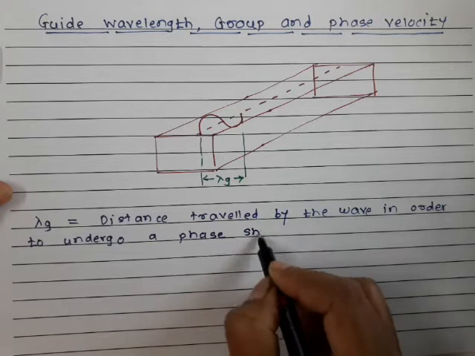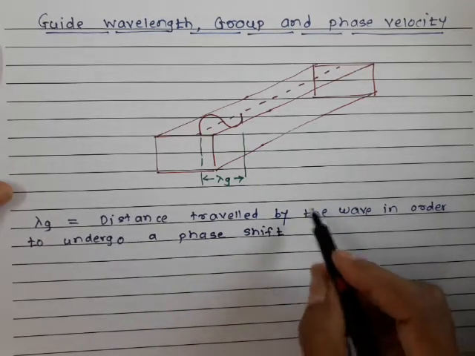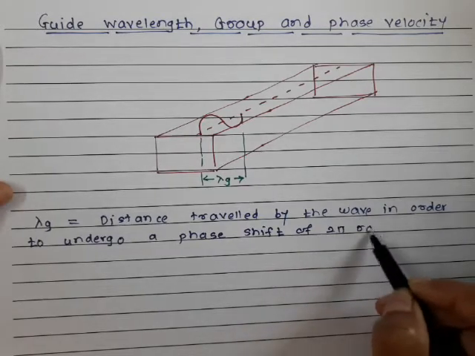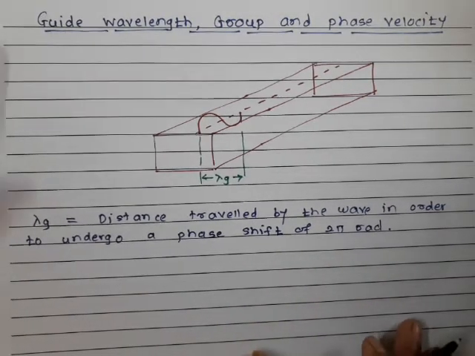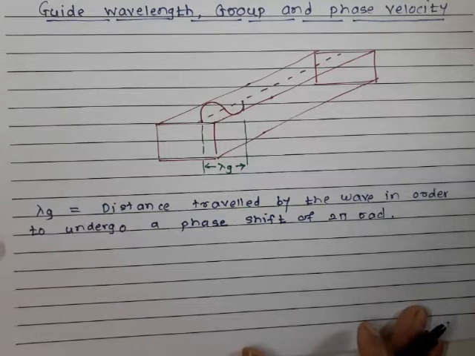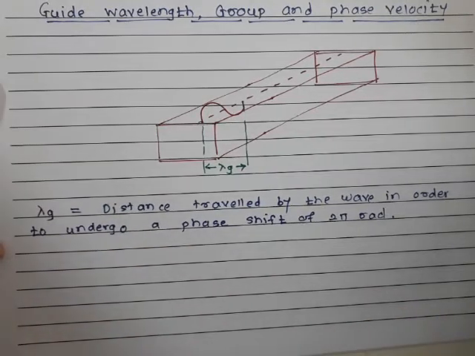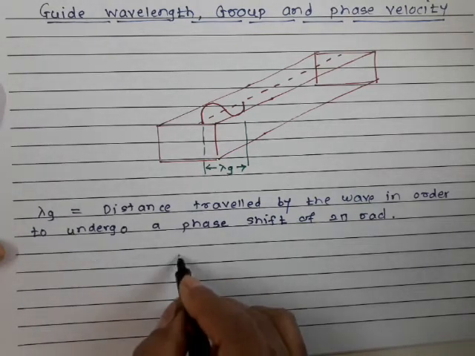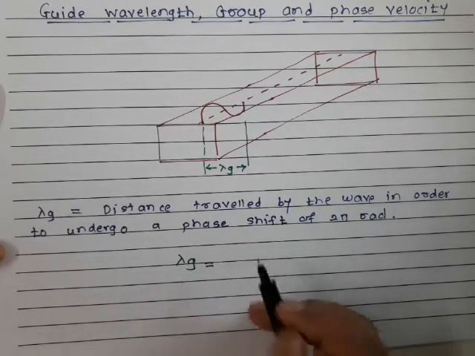Whenever your wave undergoes a phase shift of 2 pi radians, the distance will be called the guide wavelength. So lambda g is the distance the wave has to cover, equal to 2 pi radians.